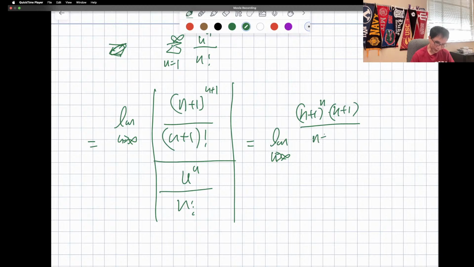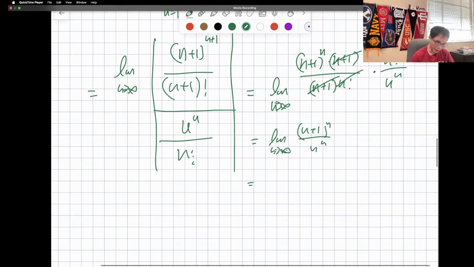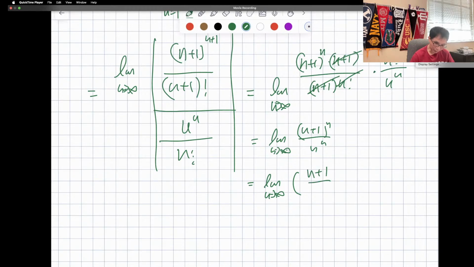And this is (n plus 1) times n factorial, divided by n factorial over n to the n. Cancel out. So it's equal to the limit as n approaches infinity of (n plus 1) to the n over n to the n. Can I rewrite this to (n plus 1 over n) to the n? Can I rewrite that?